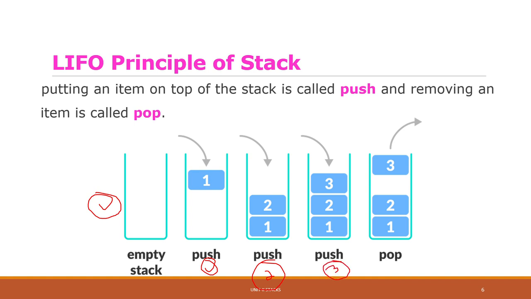When I want to delete the last element, the last element here is 3, so the last in value is 3. Suppose I want to delete an element from the stack. Which is the last element here? 3 is the last element, so that will go out. The last in element 3 goes out first. So this is the principle of last in first out in the stack.